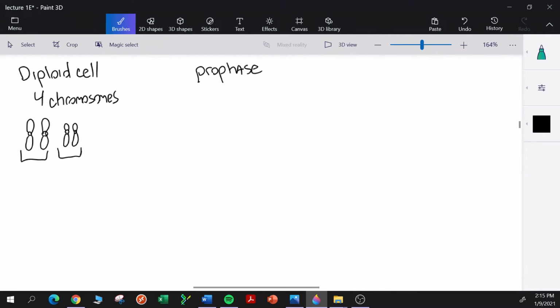So in this cell right here, now mitosis is about taking one nucleus and making it into two genetically identical nuclei. So at the very beginning of prophase, this nucleus right here, what's going to happen?